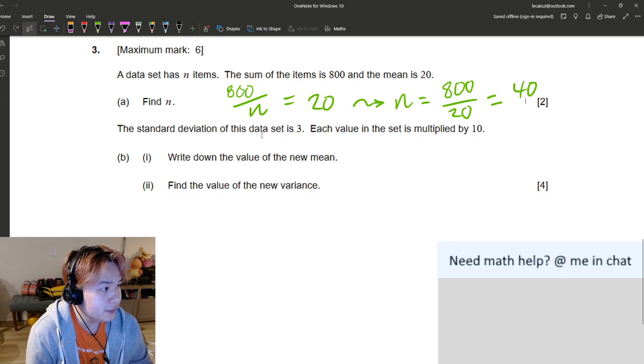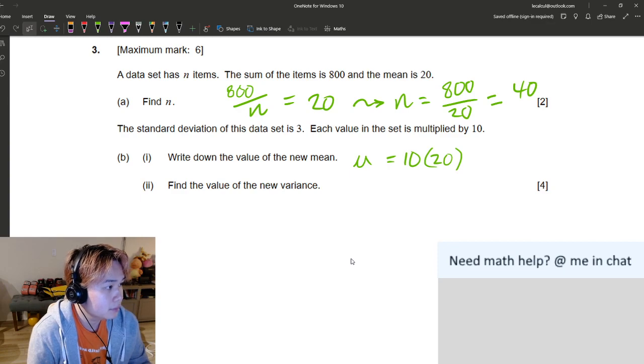Then the standard deviation of this data set is 3. What we do is we multiply the set by 10, then we need to find the new mean and the value of the new variance. So the mean is easy enough because you just take the old mean, which is 20, and you multiply it by 10. So that's 200.